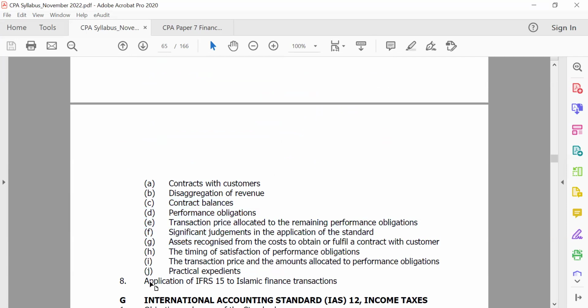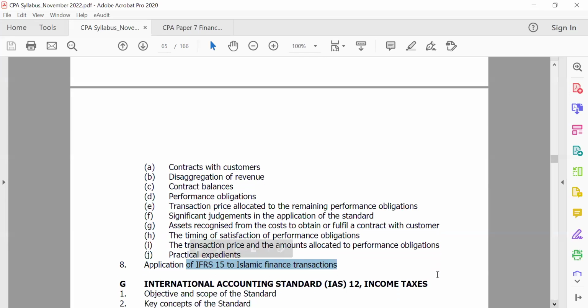But then we should also have an element of application of IFRS 15 to Islamic finance transactions. This is an enhancement within the syllabus, just to be able to appreciate the aspects of Islamic banking as different countries continue to embrace them.